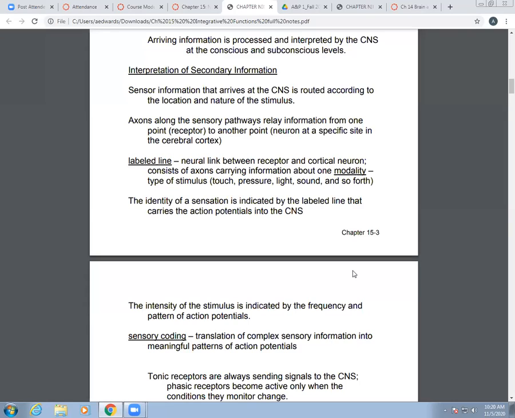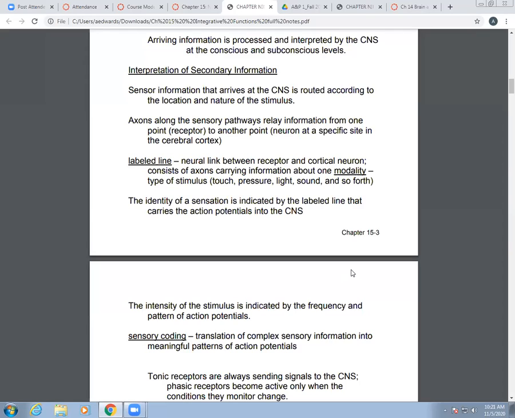Okay, so let's talk about how your brain and your nerves interpret sensory information, and secondary information in particular.